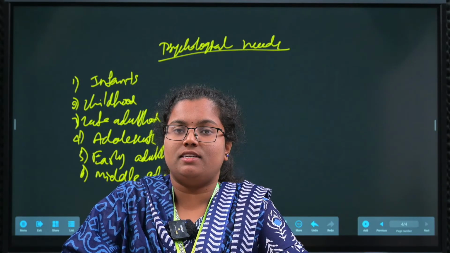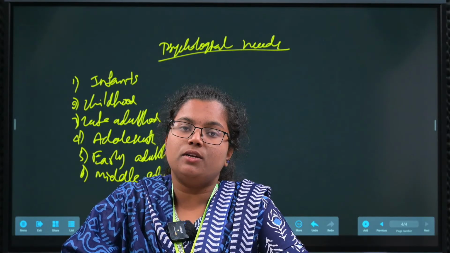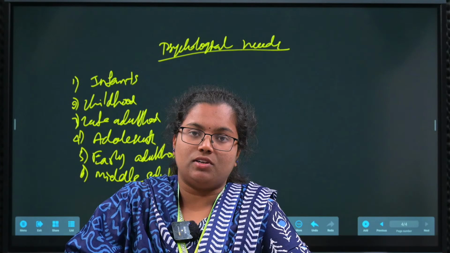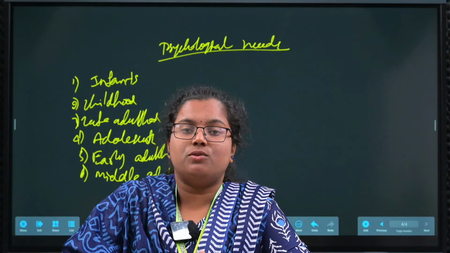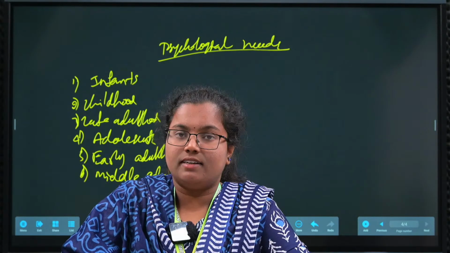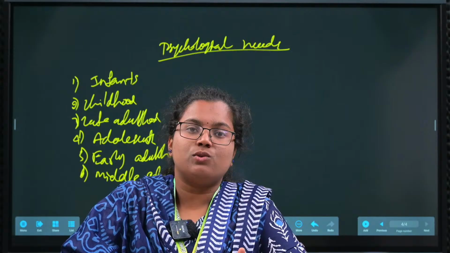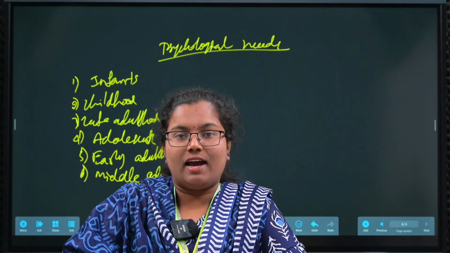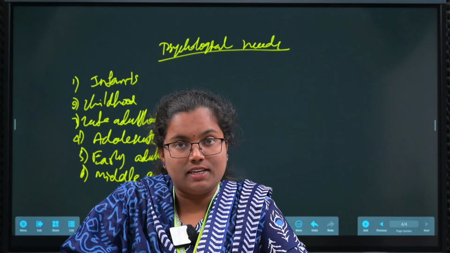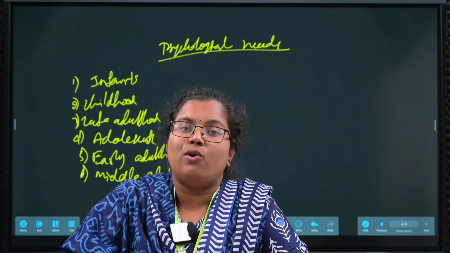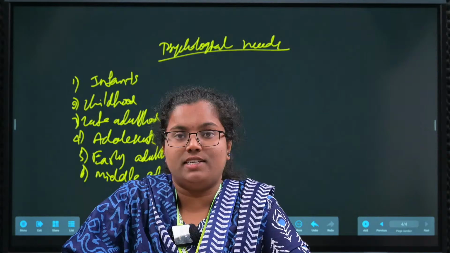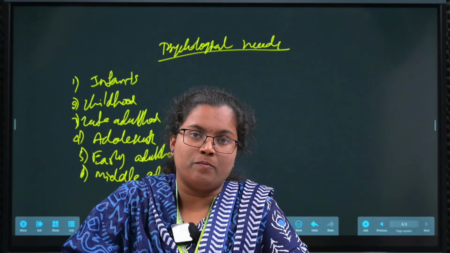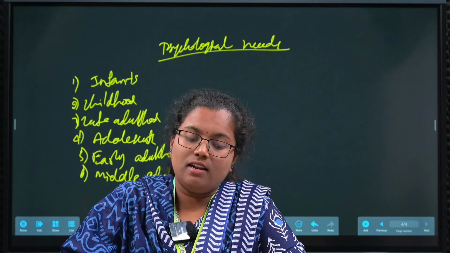They need good standards. They have to lead a standardized life. They are expecting good standards and a good position in society. And they will launch their children into this society, into this world to live. This is about middle adulthood.